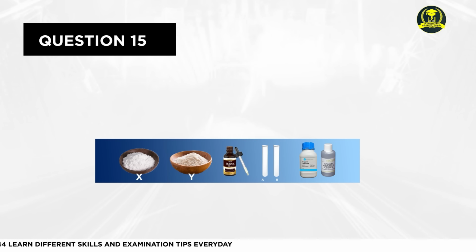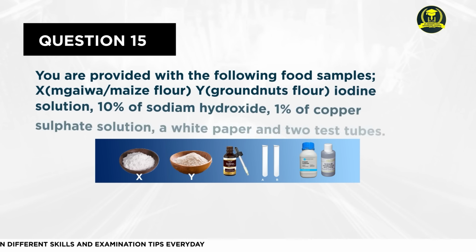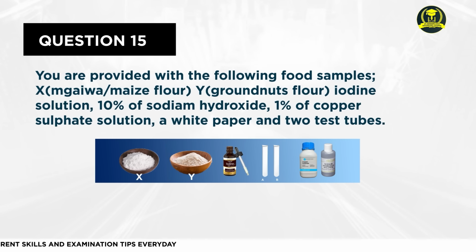Question number 15. You are provided with the following food samples. Sample X, which is maize flour. Sample Y, which is groundnut flour.